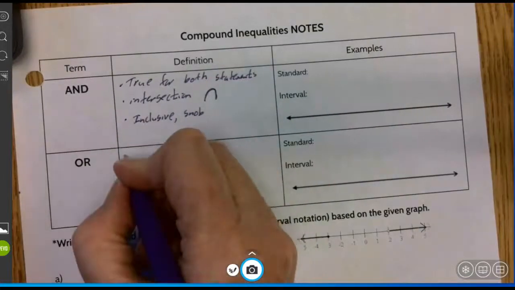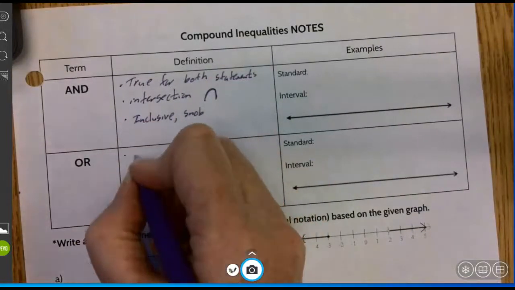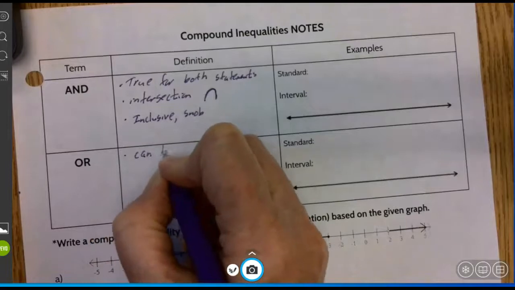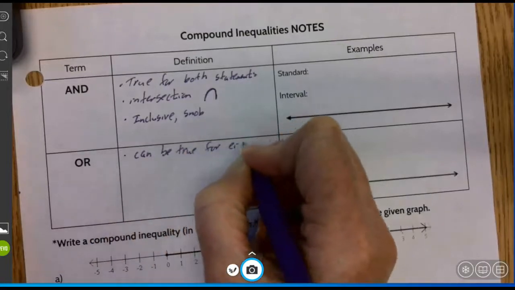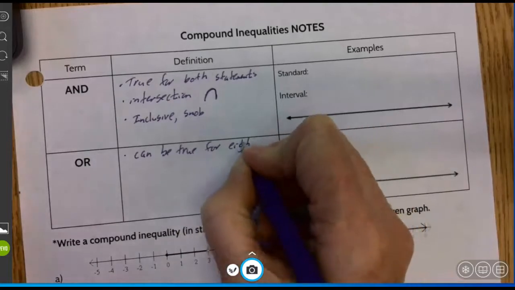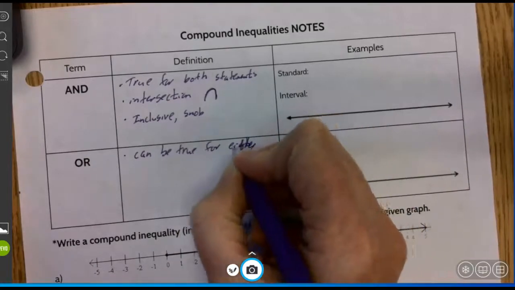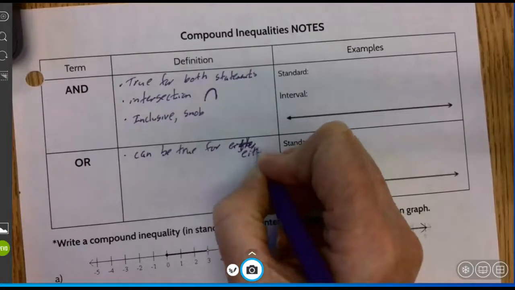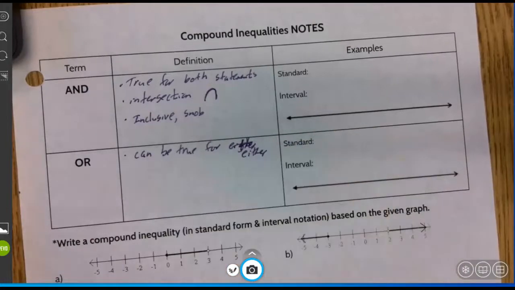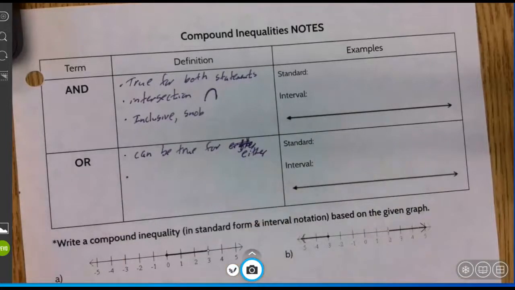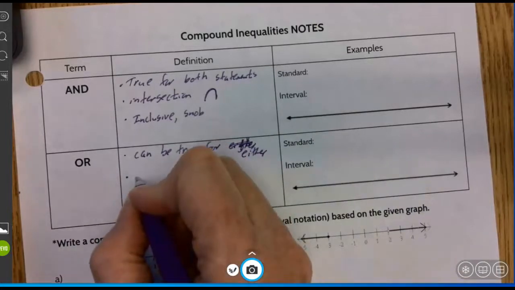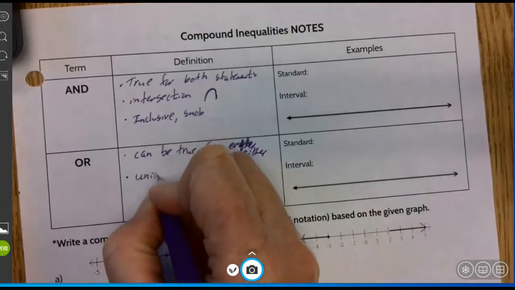Now, or means that it can be true for either. Oops, let's spell that the right way. Okay, so it can be true for either, whereas in and it has to be true for both at the same time. And with or, it is union.